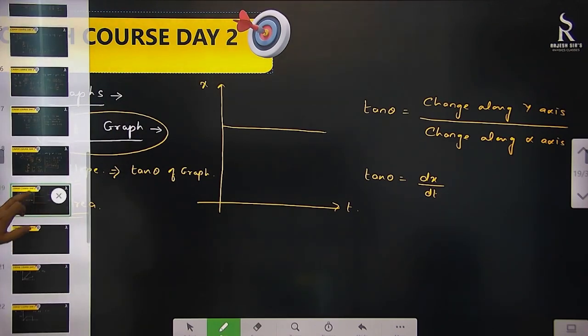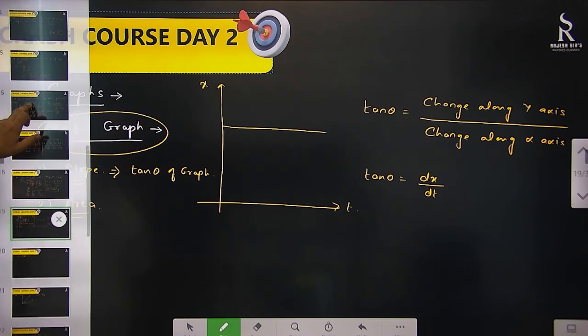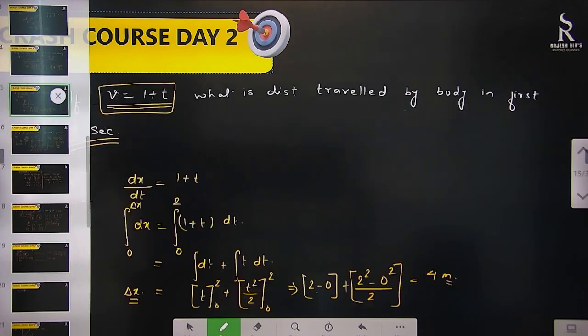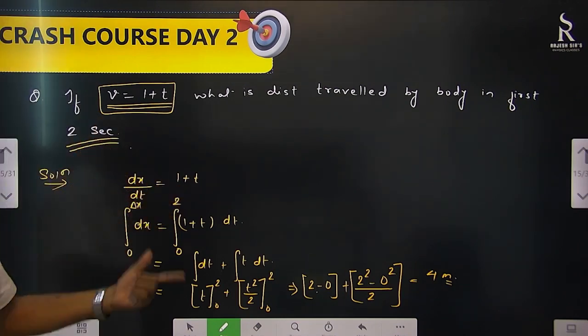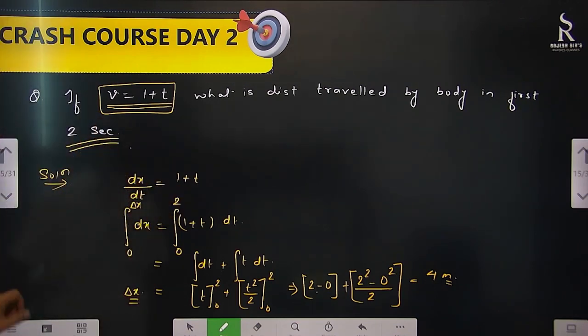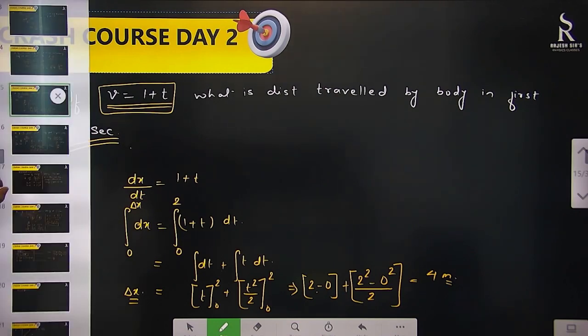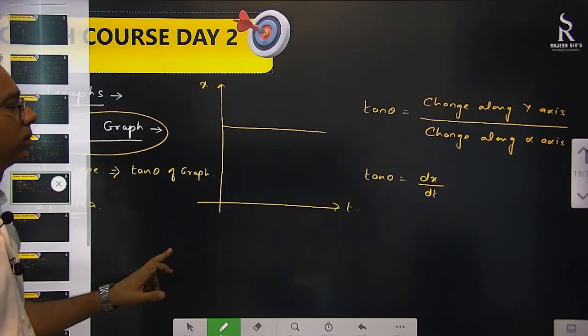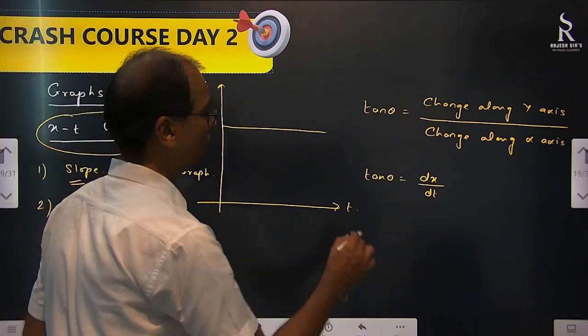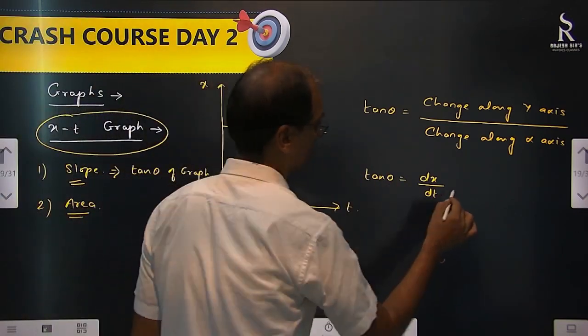See, velocity is dx by dt equal to 1 plus t. Correct? So velocity is dx by dt. So the slope of the xt graph is velocity. In this case, this is xt, no? So this is velocity.